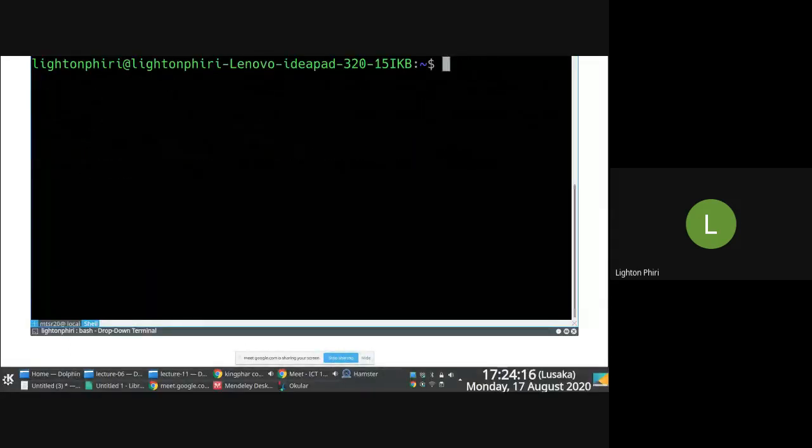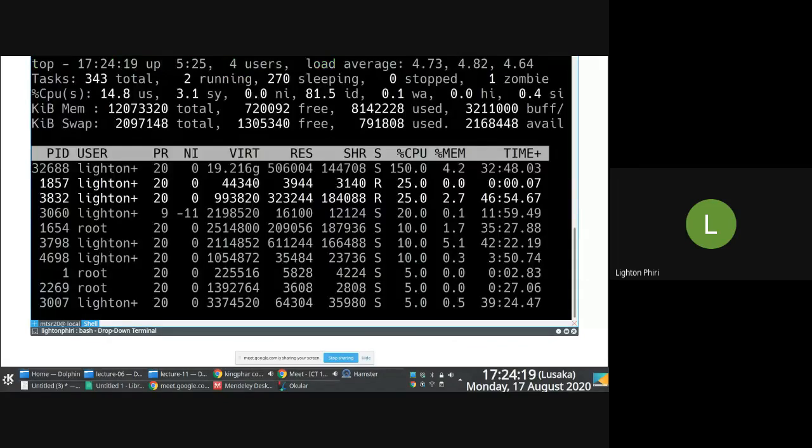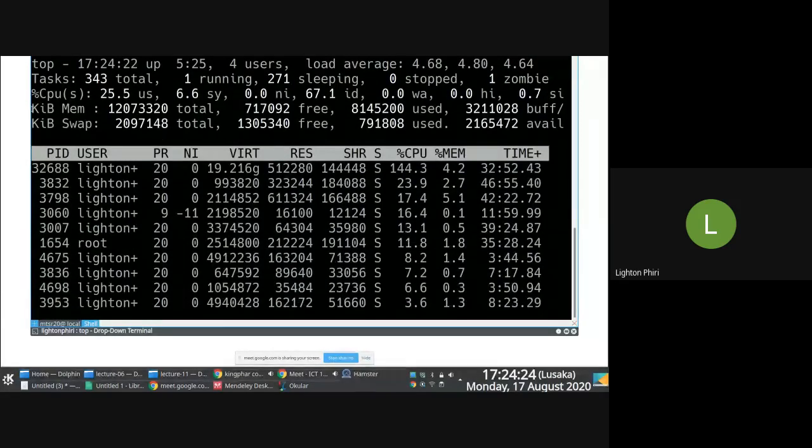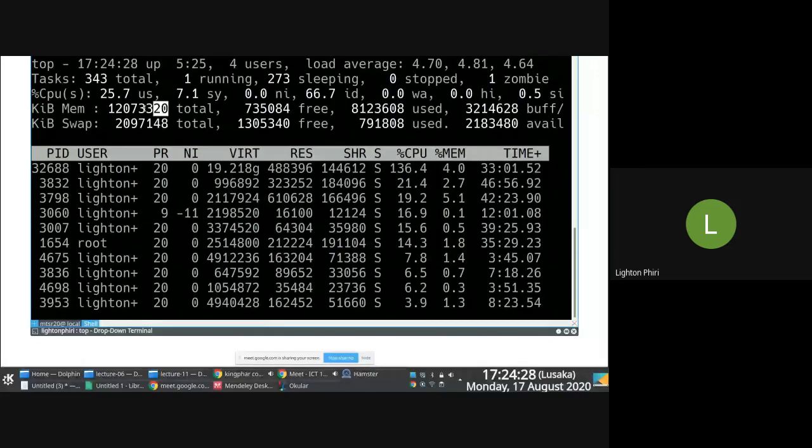So another utility software tool you can play around with is top, right? I'm sure there are a number of flags you can feed this to visualize memory usage in a more human readable format, right?